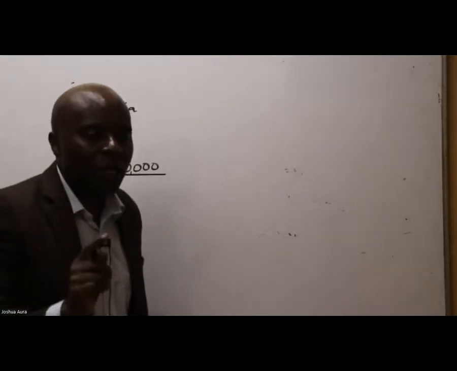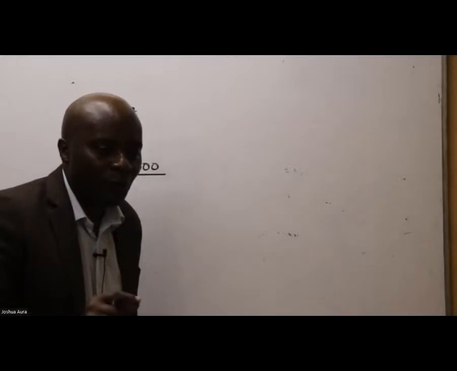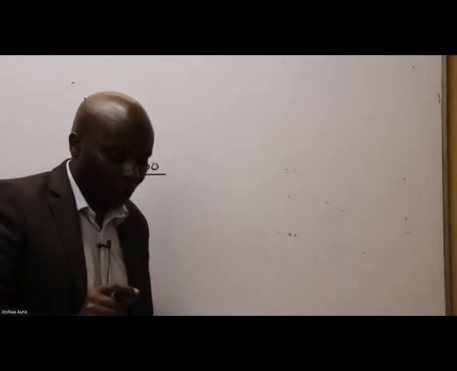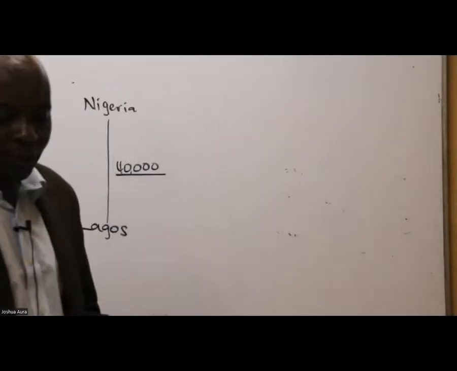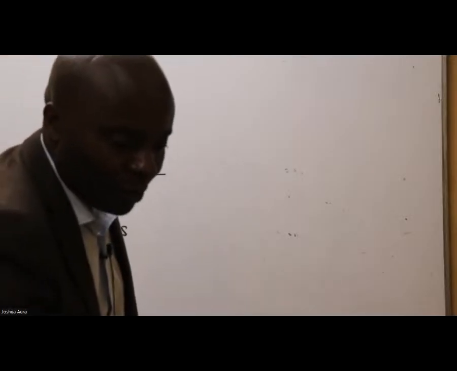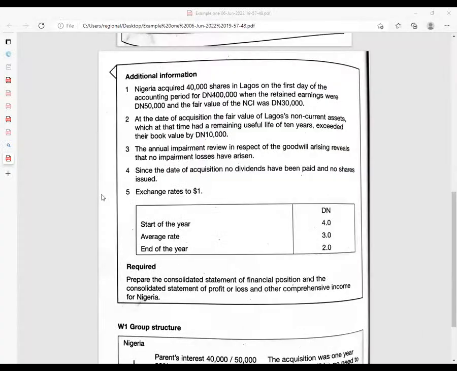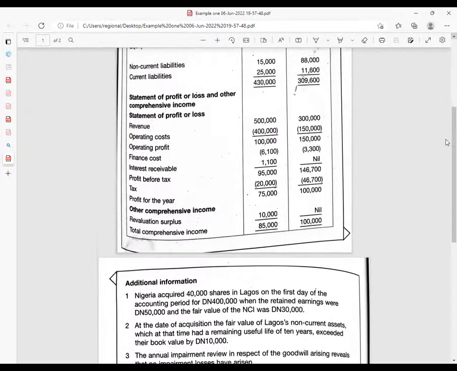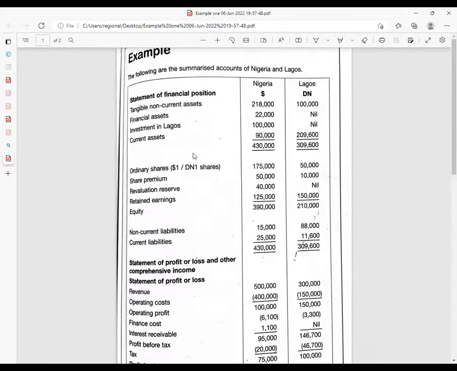So how many shares does Lagos have in full? Please go to the statement of financial position of Lagos and read the number of shares that Lagos has in total. It's ordinary shares, DN1 shares, meaning that the par value is 1 across the board.